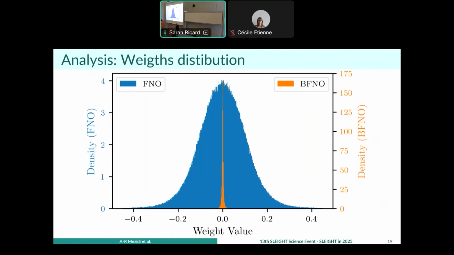We think that because of this distribution, even if we didn't really impose sparsity, we have some natural sparsity in our model, which is why when we increase the number of layers, we still have this flexibility and this increase of performance.